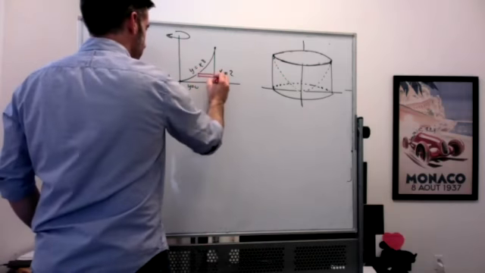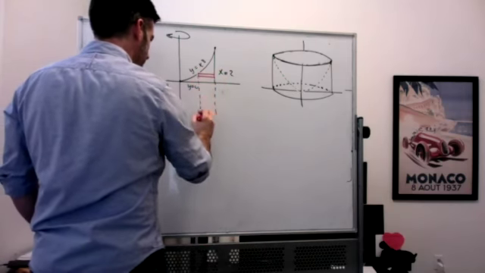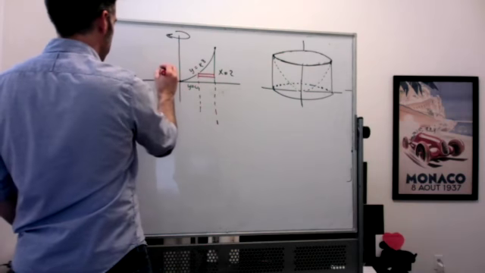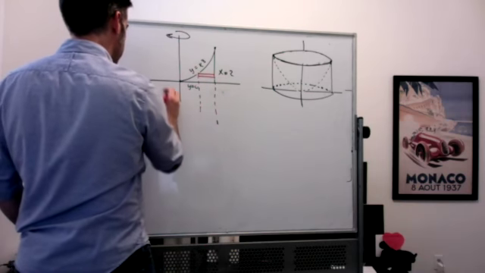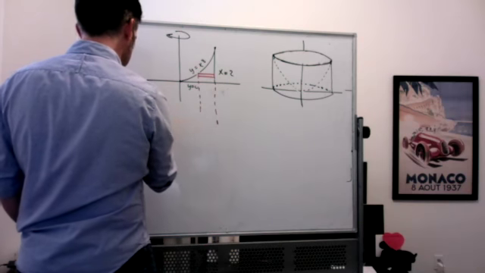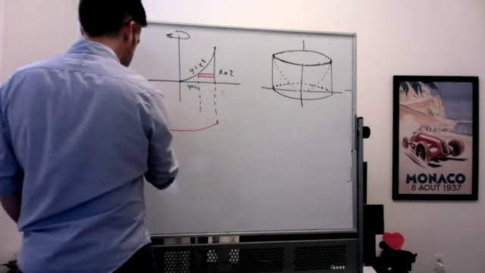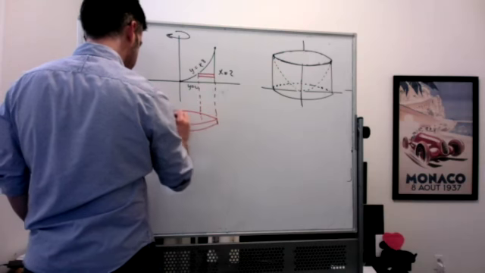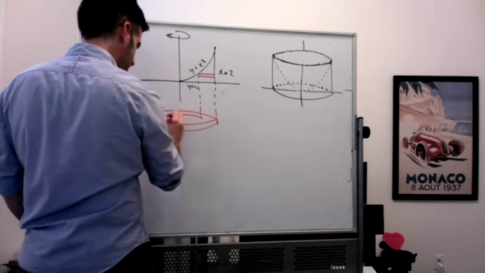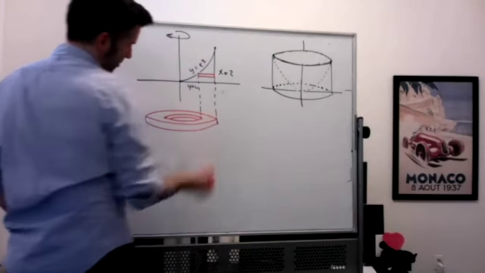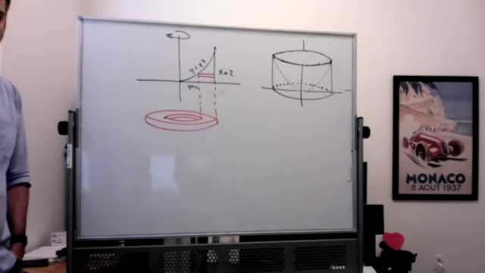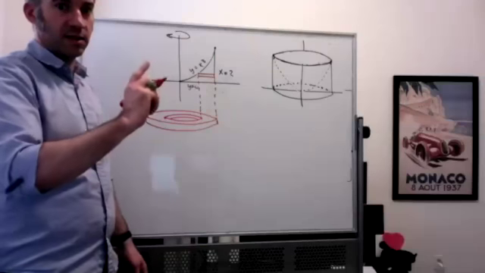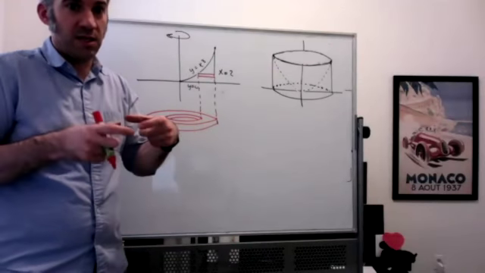So when I rotate this little strip around the axis of rotation, we get a washer. If you take this little horizontal rectangle and rotate it around this axis, you're going to get an outer circle, but you're going to be missing this inner circle.